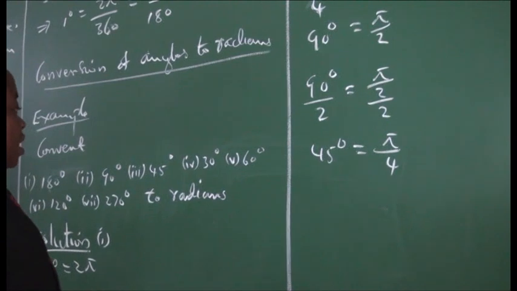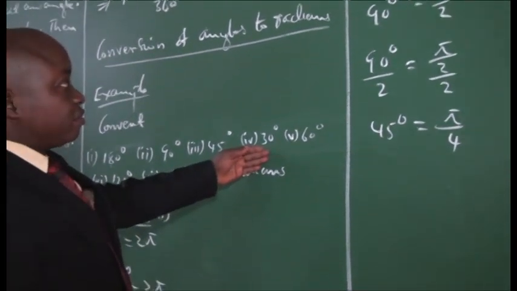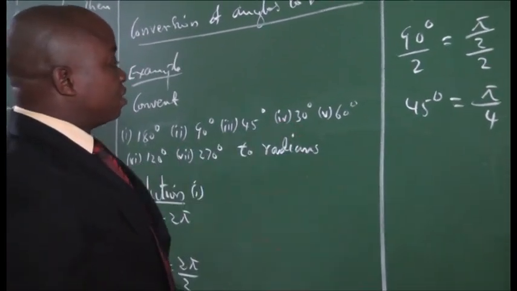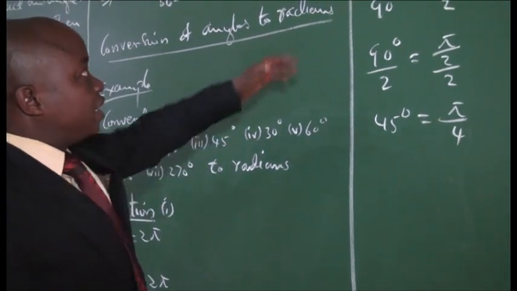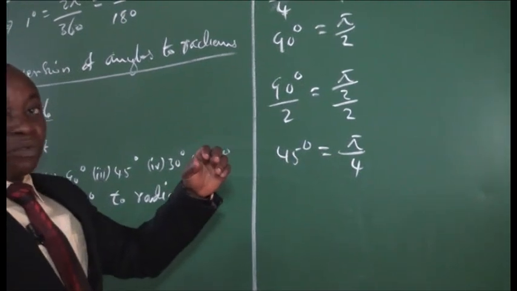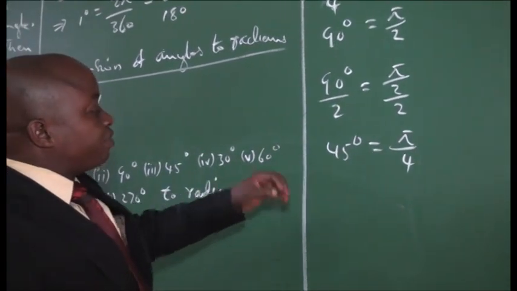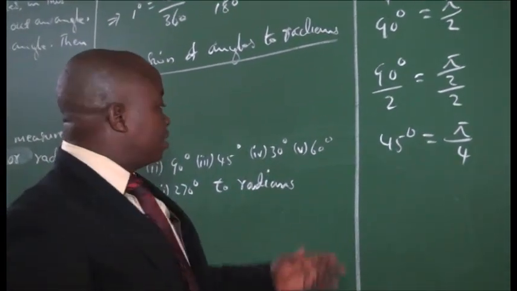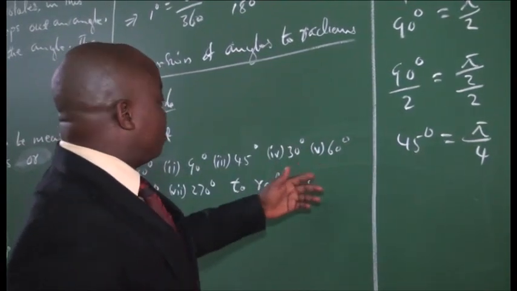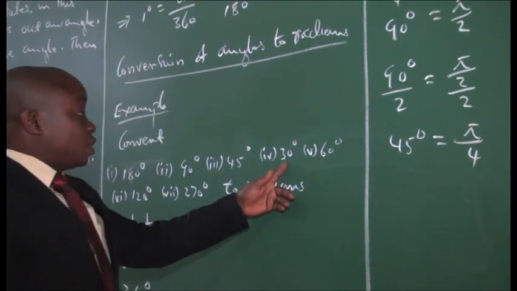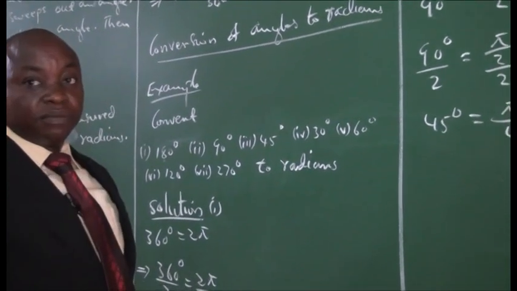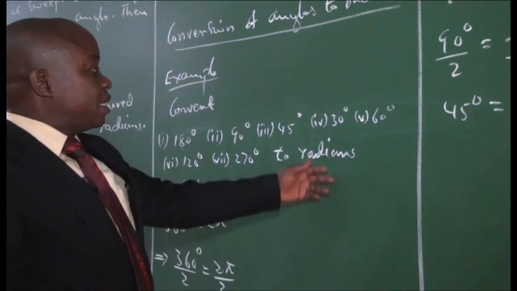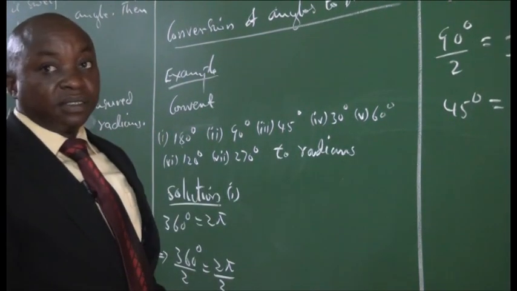So now 30 degrees. How do we get 30 degrees? I know that from 180 degrees, if I divide by 6, 180 divided by 6 can give me 30.